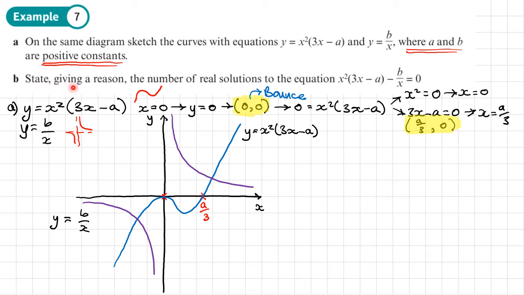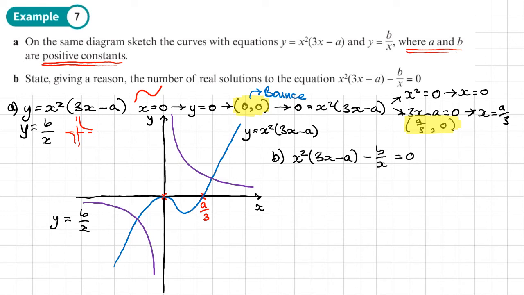Now part B, state, giving a reason, the number of real solutions to this equation here. So you might look at this and think, well, what's this got to do with this equation here? Well, actually this is this part, and this is that part here. So let's write that down first. x squared times 3x minus a minus b over x.